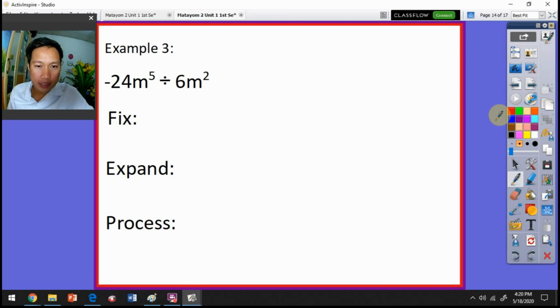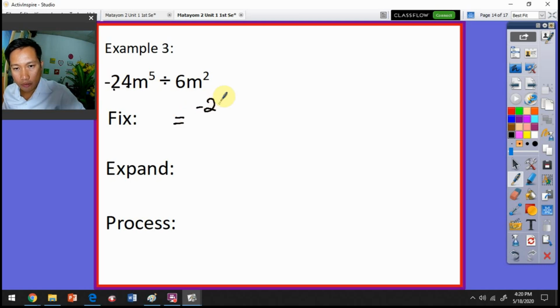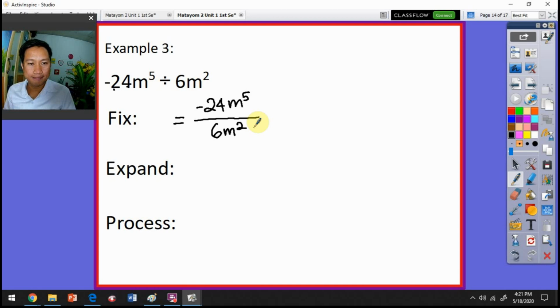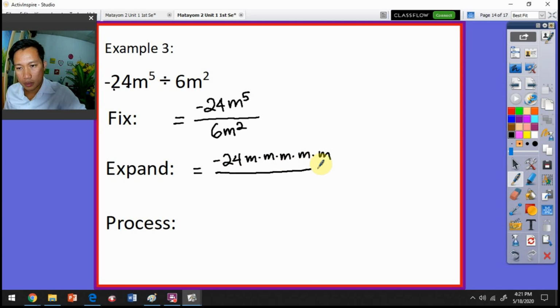Now we will look at example number 3. You have negative 24 m to the power of 5 divided by 6 m squared. Because these are not in the same base form, the first thing we do is change it into a fractional form. If you want to expand it, you can: negative 24 m times m times m times m times m over 6 m times m.